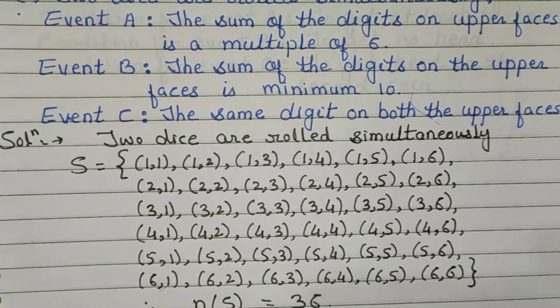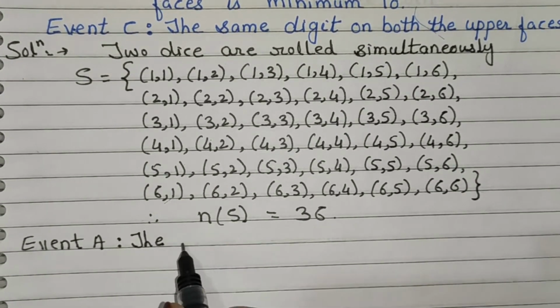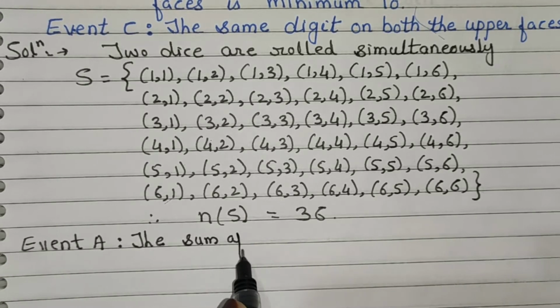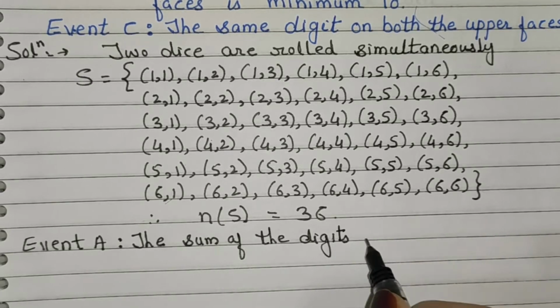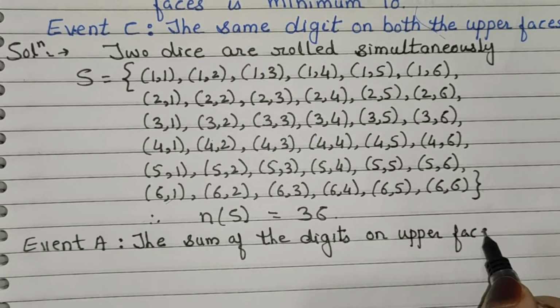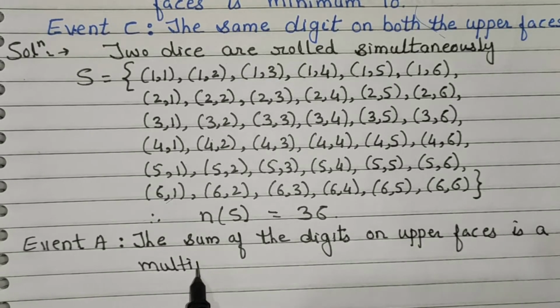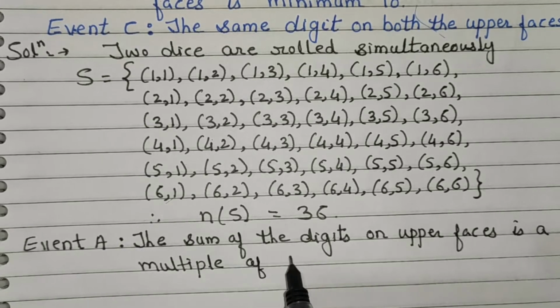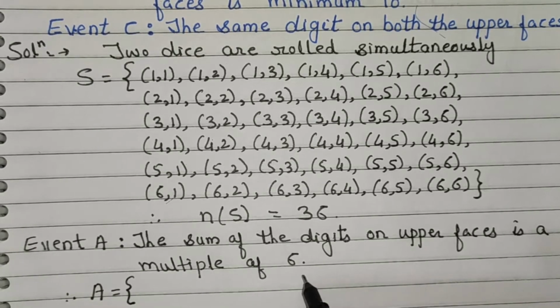Write down here, the sum of the digits on upper faces is a multiple of 6. Therefore A is equal to, now multiple of 6 means 6, 12, 18 and so on. Now sum of the digits on upper face.